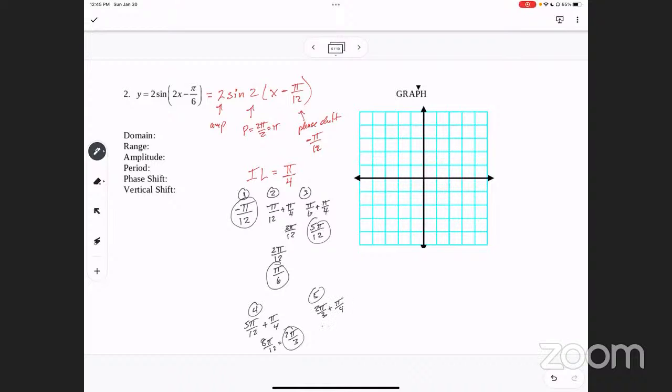So that's 8 pi over 12 plus 3 pi over 12, which is 11 pi over 12. Which makes sense, because those add up to 1 pi, which is my period. From here, left pi over 12, to here, right 11 pi over 12, I'm going to get what I need.